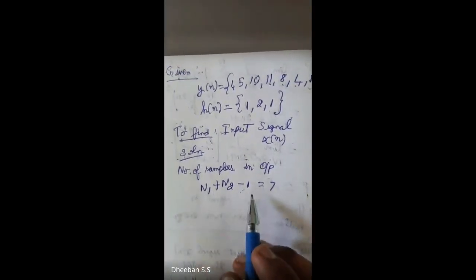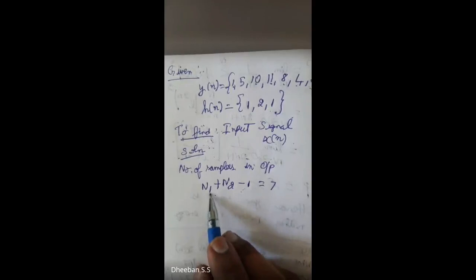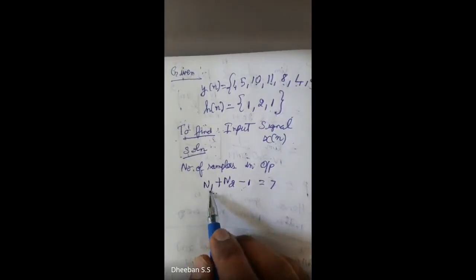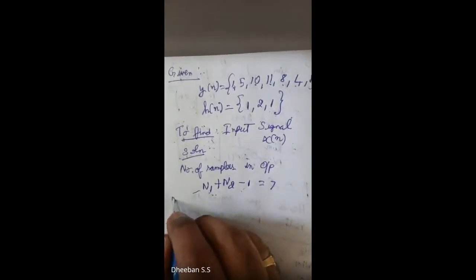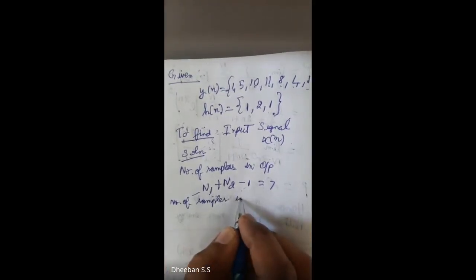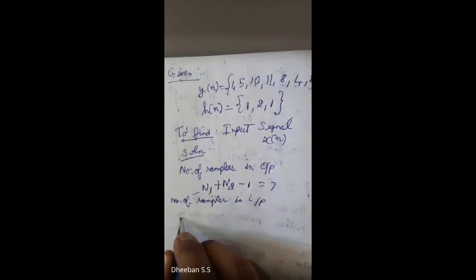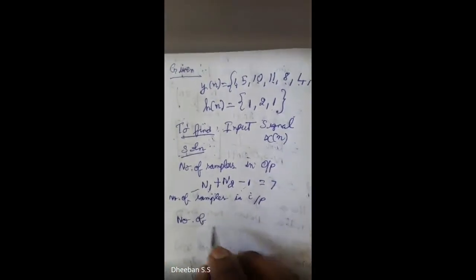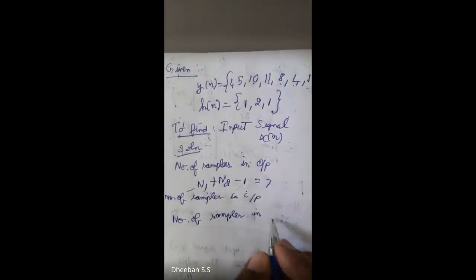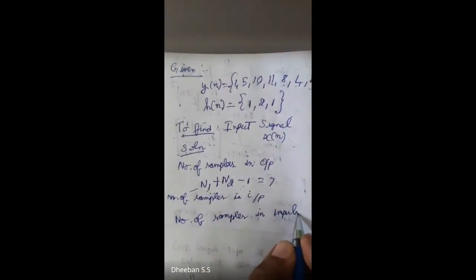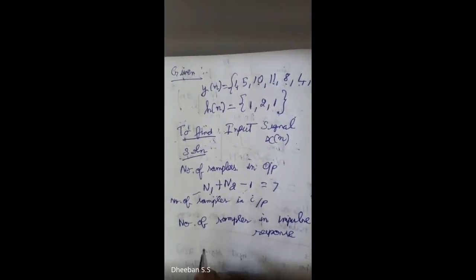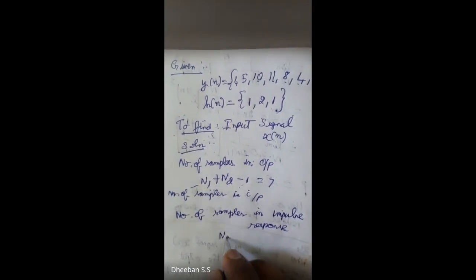With this you can get n1. n1 is nothing but the number of samples in your input, and n2 is the number of samples in your impulse response, so n2 equal to 3.